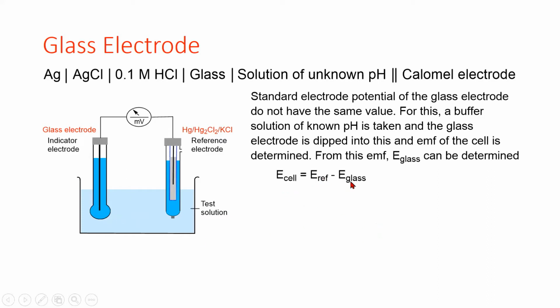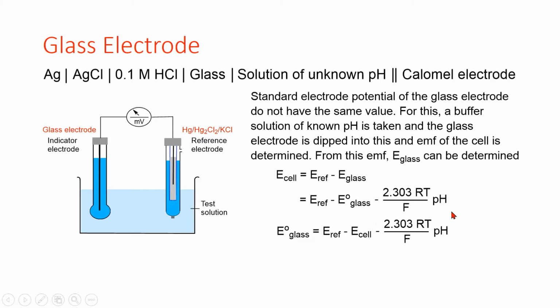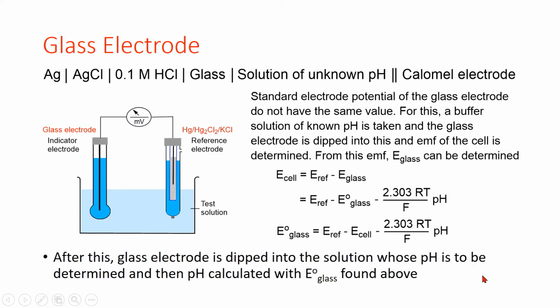E cell is equal to E reference minus E glass, which is given by this relationship, and E naught glass can be found from this relationship. After this, glass electrode is dipped into a solution whose pH is to be determined and then pH calculated with E0 glass that has been found here.